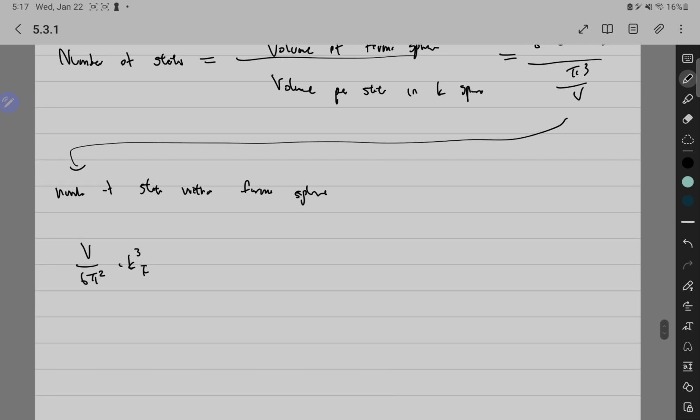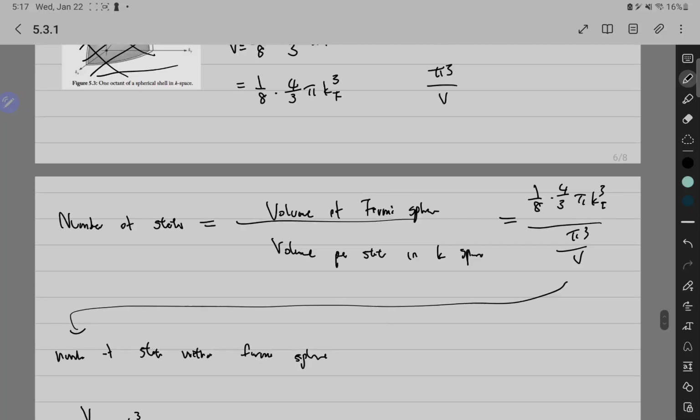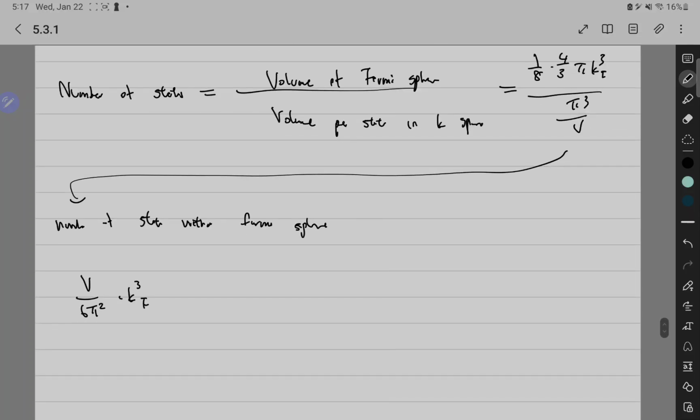So if I already found the number of states within our defined Fermi sphere, which is one octant of a sphere, and I ask you how many electrons there are in it, since each state can hold a maximum of 2 electrons, we only need to multiply the number of states by 2.